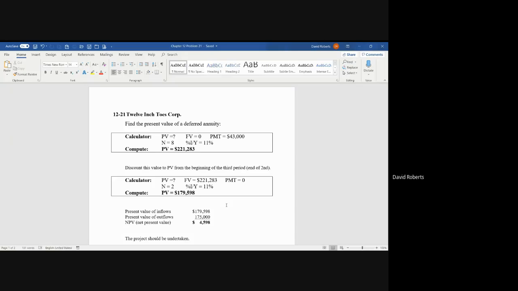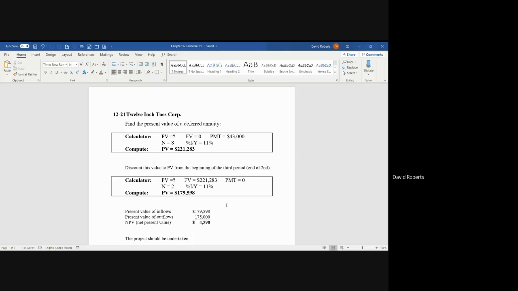Now, you need to bring that money back from that point in time, say end of period 2, to day 0. And you do that by turning the $221,283 into a future value amount. Payment, got to be careful, needs to be now 0, N needs to be 2, and I/Y is 11%.